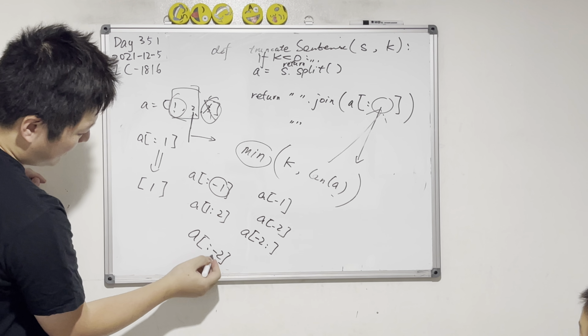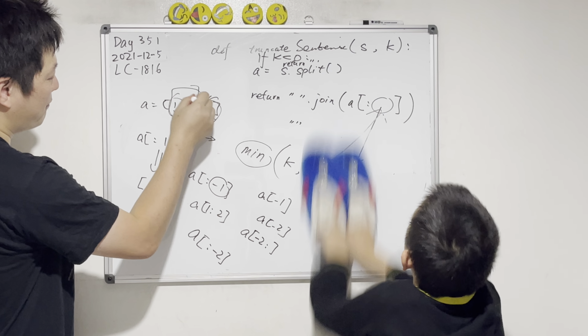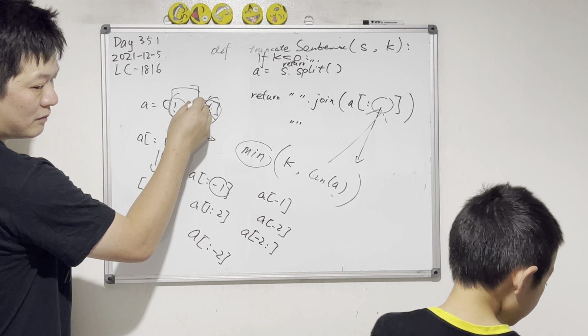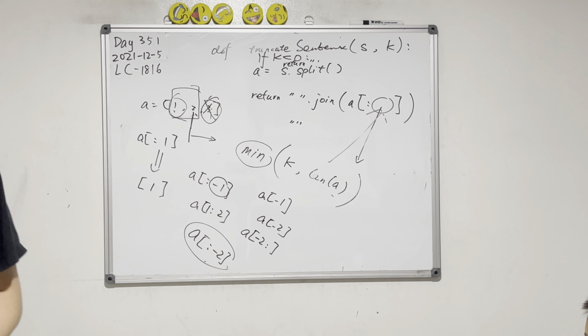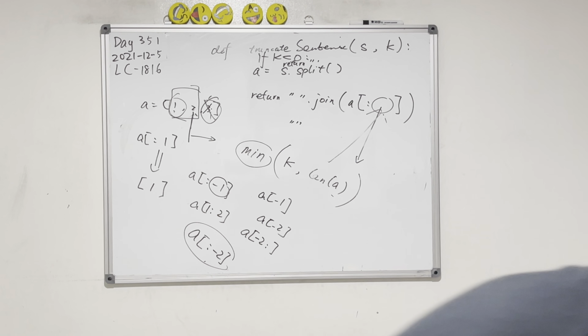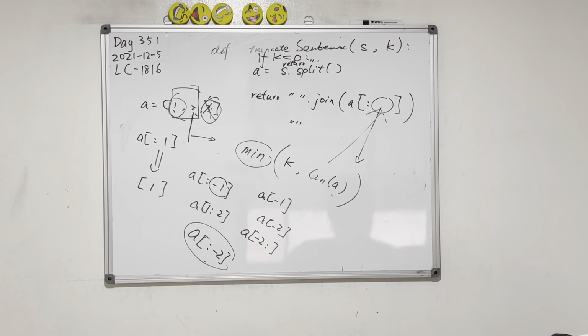So this is minus 1, minus 2. Okay? Actually, I have to check. A colon minus 2. Give me a second to check, okay? I'm not quite sure. Okay, let's check. A equals 1, 2, 3. And A colon minus 1, then 1, 2, colon minus 2, 1.